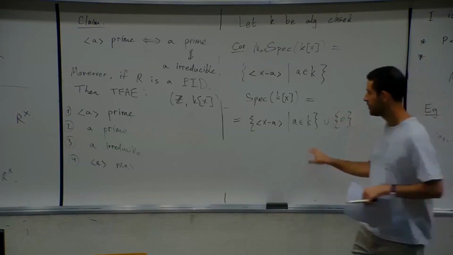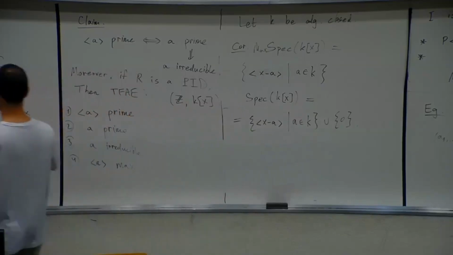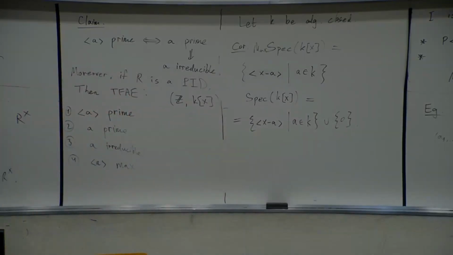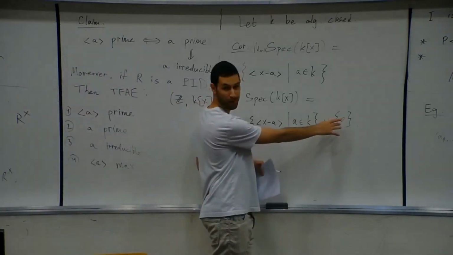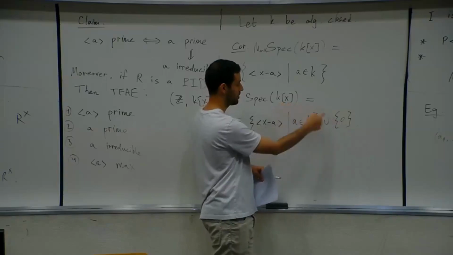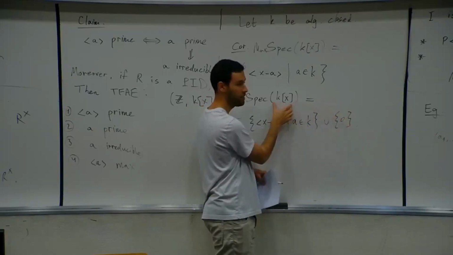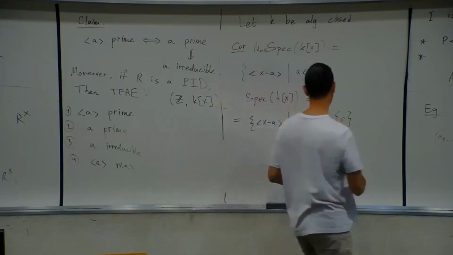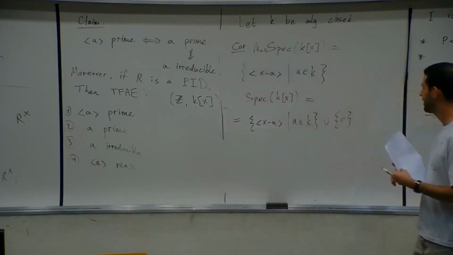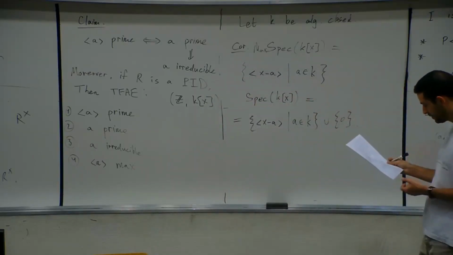The zero ideal. I would like to consider the zero ideal a prime ideal because the quotient modulo zero is K[x], and it's an integral domain. So for me, it's a prime ideal. But obviously it's not maximal.